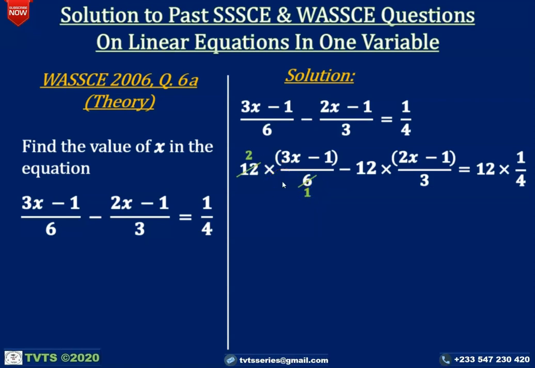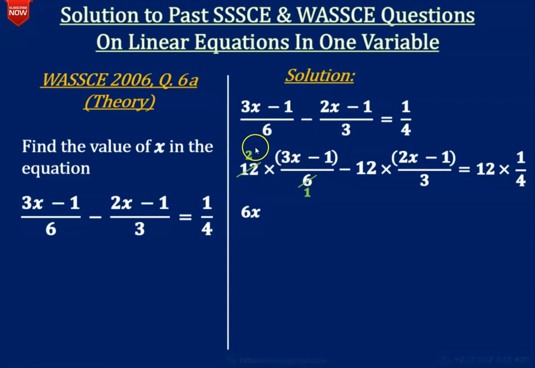Now, we remove the brackets by distributing 2 over 3x and negative 1. So we have 2 times 3x to be 6x and 2 times negative 1 to be negative 2. 3 into negative 12 is negative 4.